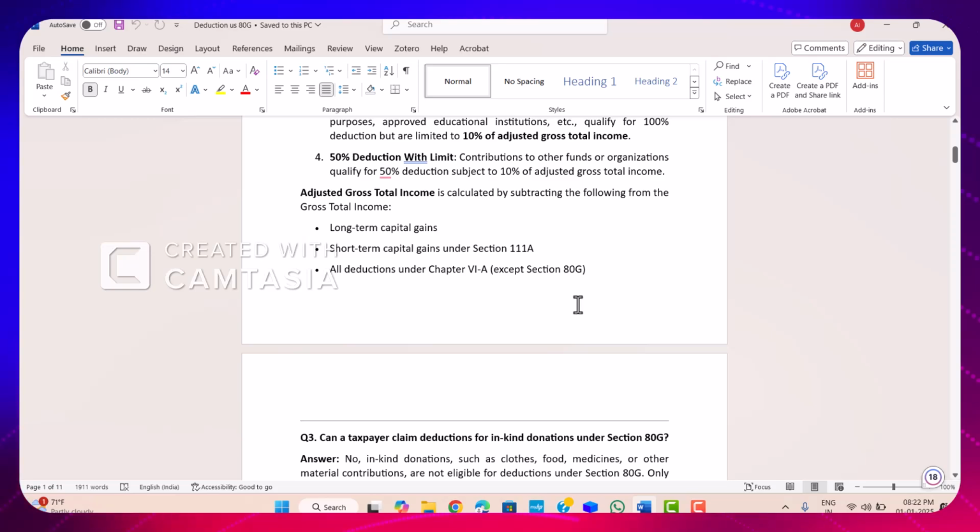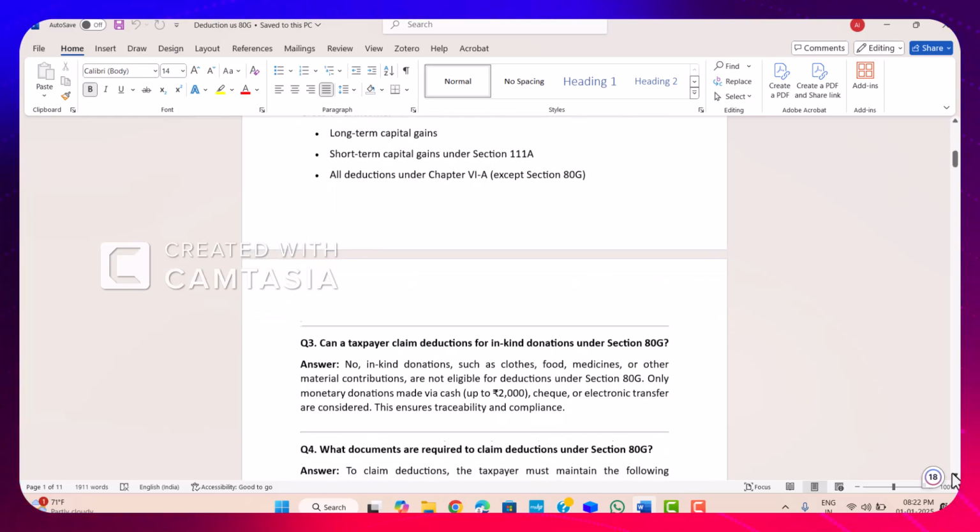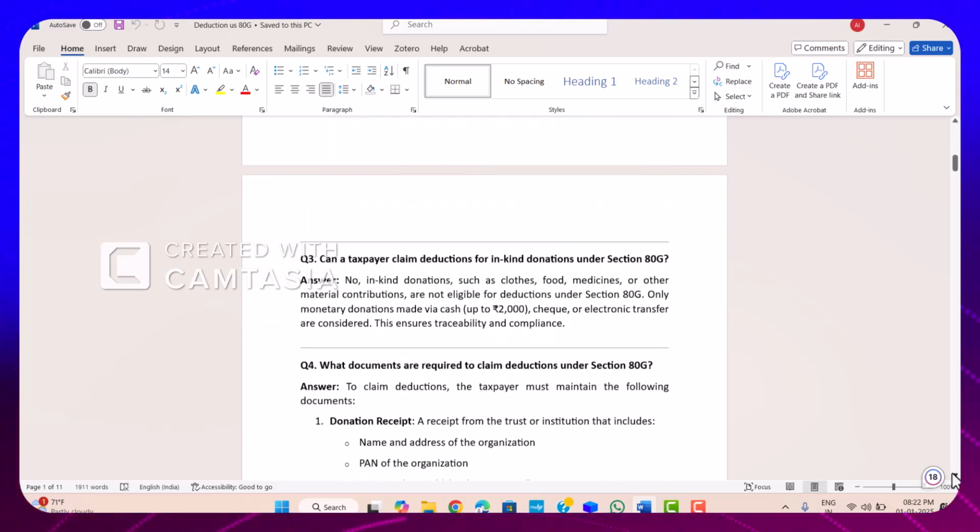Means when you want to calculate the AGTI, you apply the formula: GTI minus long-term capital gain minus short-term capital gain under section 111A, and all the deductions under section 80C to 80U, except 80G. Okay, if you do it, you get the AGTI. On that you have to calculate 10% of the AGTI. Okay, we will do it with the problem. There you can understand very easily.